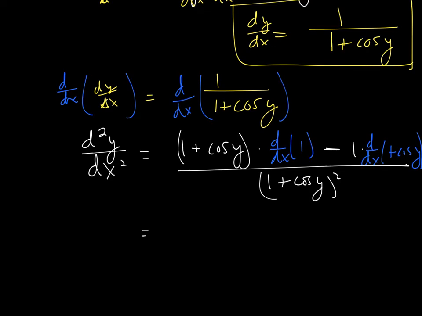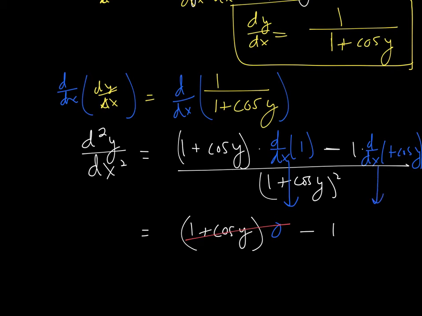So let's go ahead and actually take the derivative. Derivative of 1 with respect to x is 0. So I'm going to have 1 plus cosine y times 0, which is ultimately going to go away. Not to jump ahead of myself, but I do know that's going to happen. Minus 1 times derivative of my denominator.